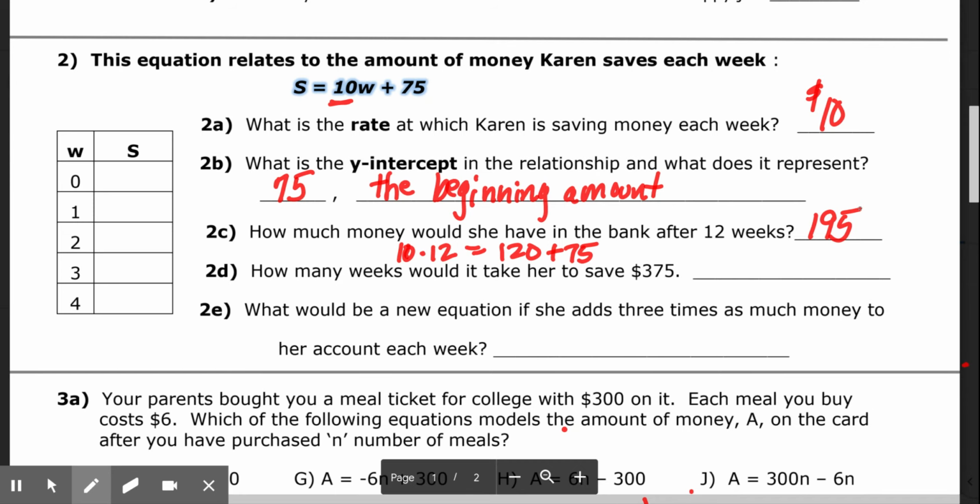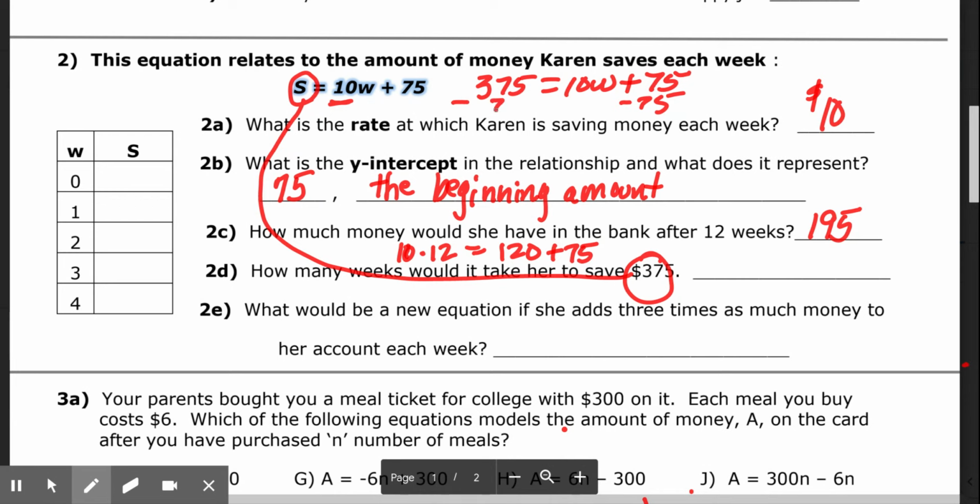And how many weeks would it take her to save $375? What you would do is take that 375 and put it in place of S. So it would look like 375 equals 10W plus 75. If you subtract 75 from both sides, that gives you 300.